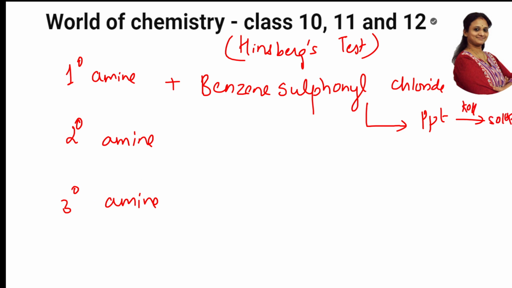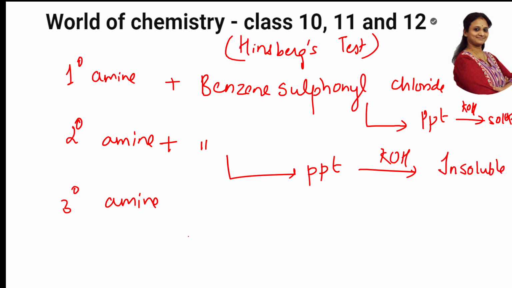Suppose I take a secondary amine and add benzene sulfonyl chloride. Here also you get a precipitate, and when you add KOH, the precipitate will be insoluble. In tertiary amine, I add benzene sulfonyl chloride and there is no reaction. So this is the differentiating test for primary, secondary, and tertiary.